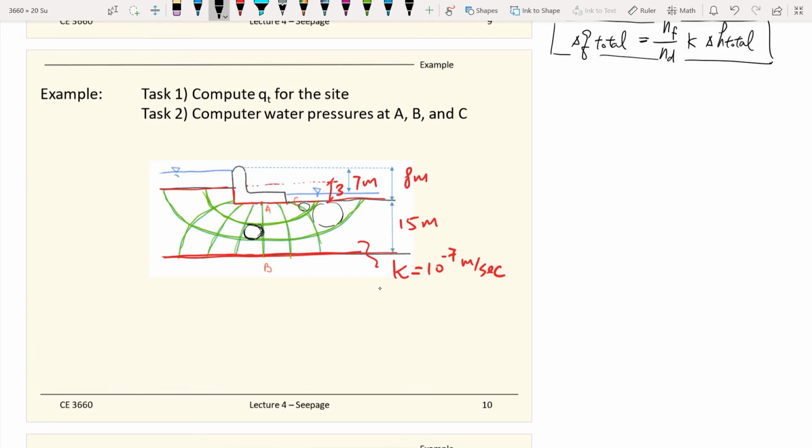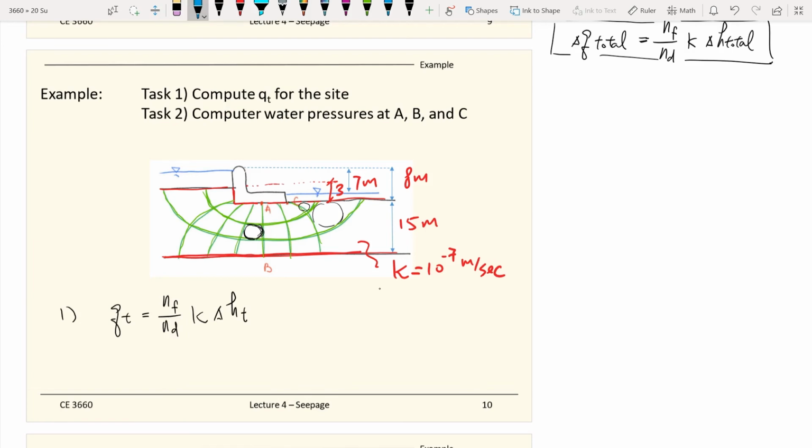Okay, task number one is computing the total amount of flow. Remember, previously we devised this formula. The total amount of flow equals N sub F, number of flow tubes, divided by N sub D, number of drops, times the hydraulic conductivity, and also times the total head. First, the number of flow tubes.